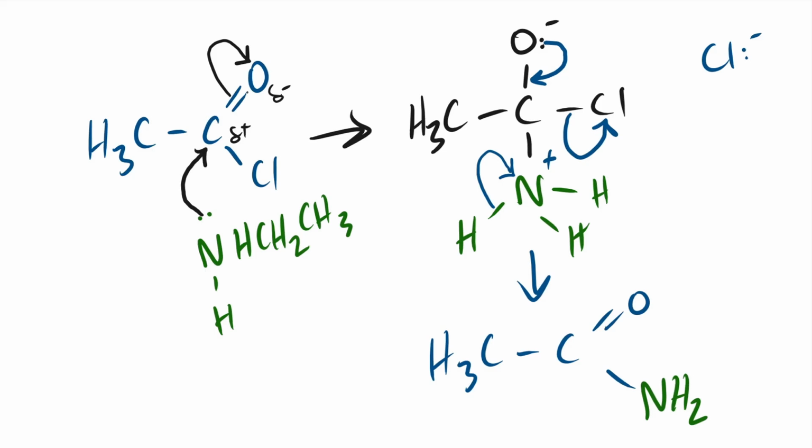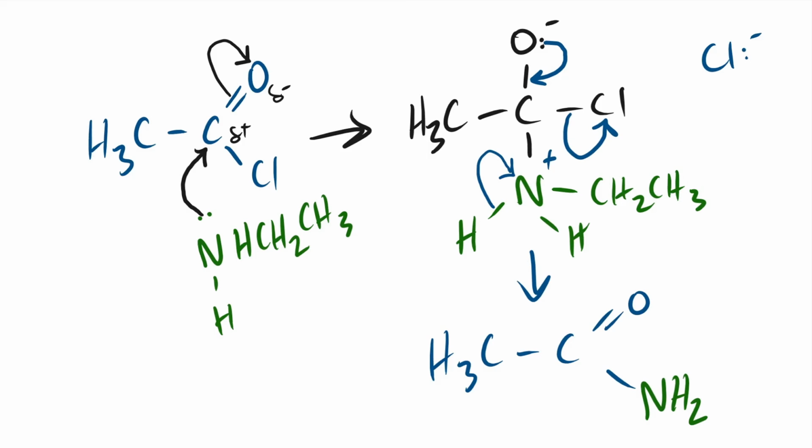This oxygen is going to accept the electron pair in one of these bonds, and we're going to form this intermediate. Now, the only difference here is instead of having an NH3 being bonded, we have our primary amine bonded. So let's rub out one of these hydrogens and replace it to be our ethyl chain, CH2, CH3, but exactly the same principles apply. Positive nitrogen, one of these hydrogens is going to donate its electron onto the nitrogen to make it neutral again, and we're going to get our product.